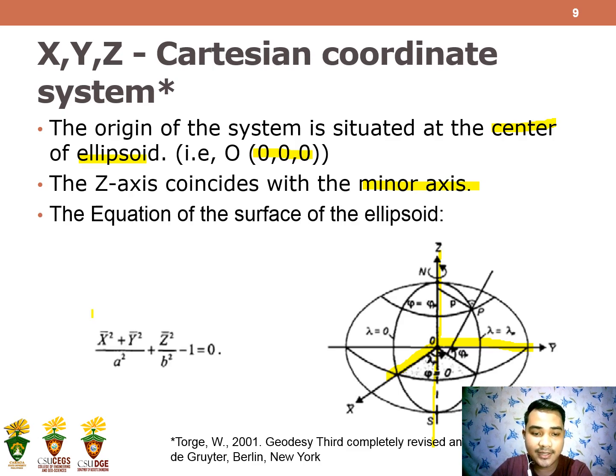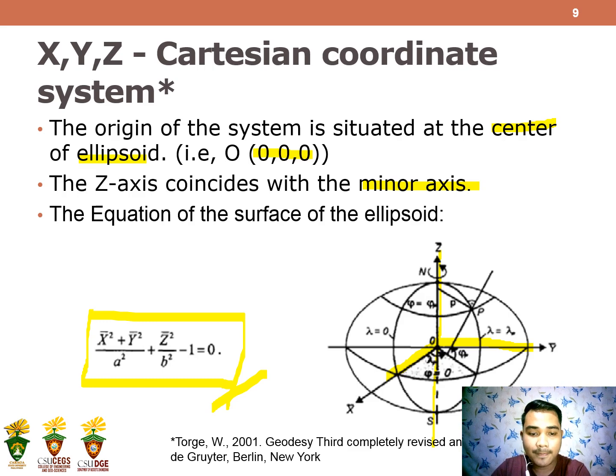Basically, this equation or formula comes from what we discussed last time in our previous topic about the ellipse, the general equation for the ellipse. The difference is that since there are now three axes, it is three-dimensional.